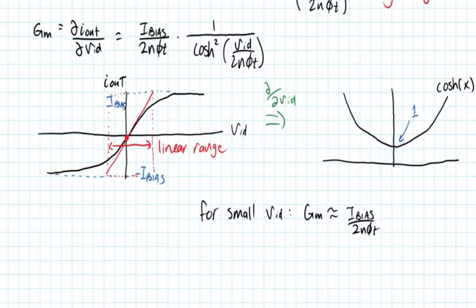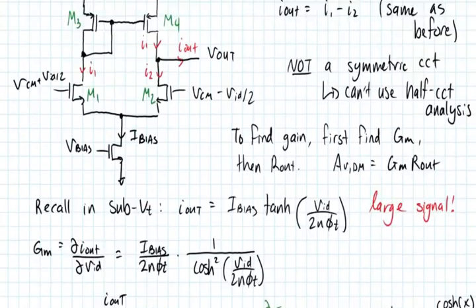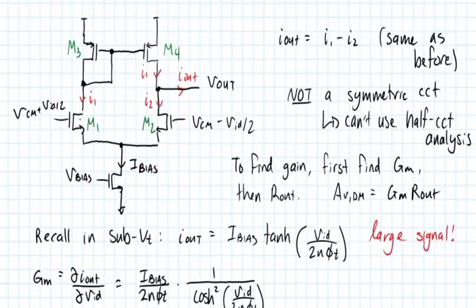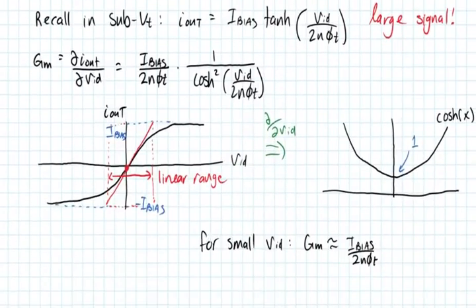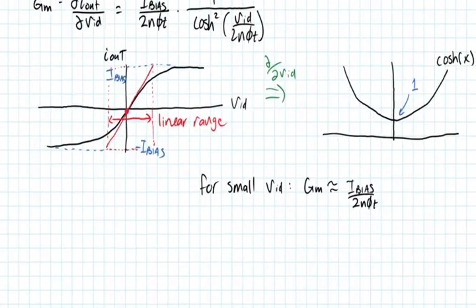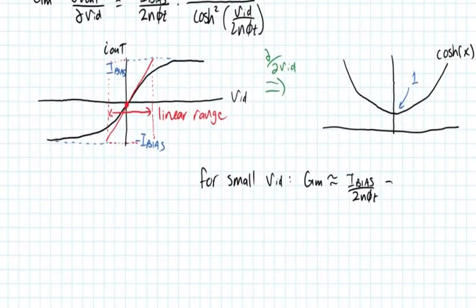But actually, we see some sort of current divided by 2 and then n phi t. It turns out that I bias divided by 2 is exactly the current that flows through one of these devices for an actual differential circuit implementation for small differential input voltages. So this is also equal to I1 divided by n phi t, which is just the normal transconductance of our regular device here.